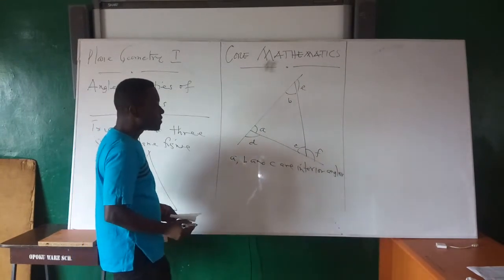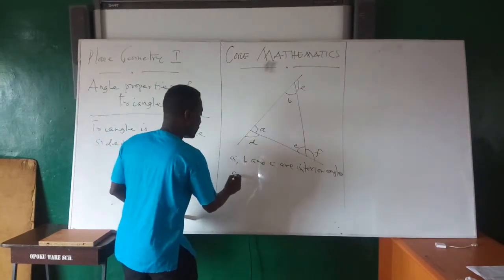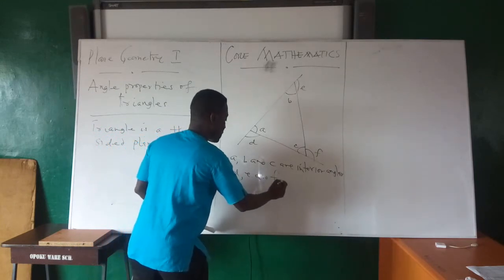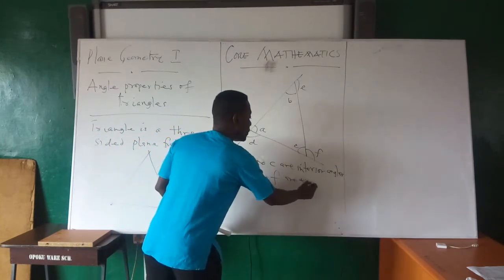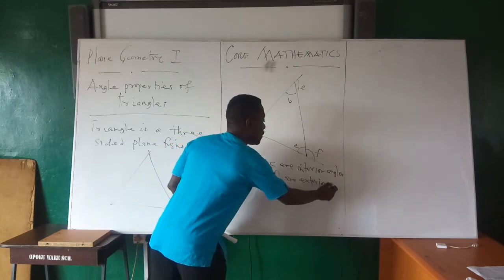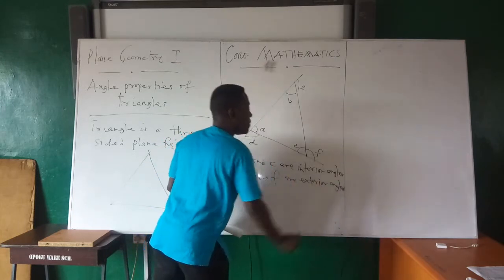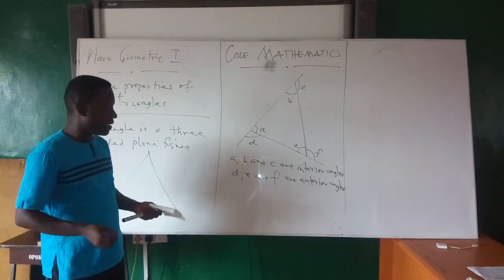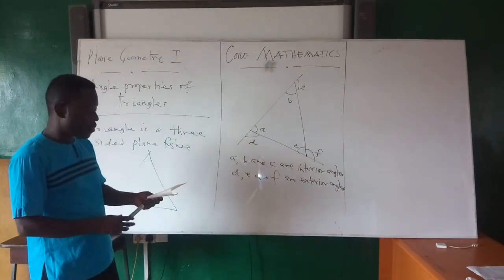Then the angles D, E, and F are what we call the exterior angles. Basically the interior angles are the ones that are inside, and the exterior ones are the ones that are outside.